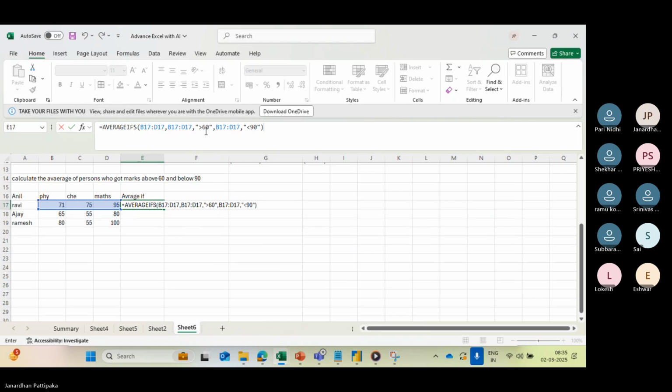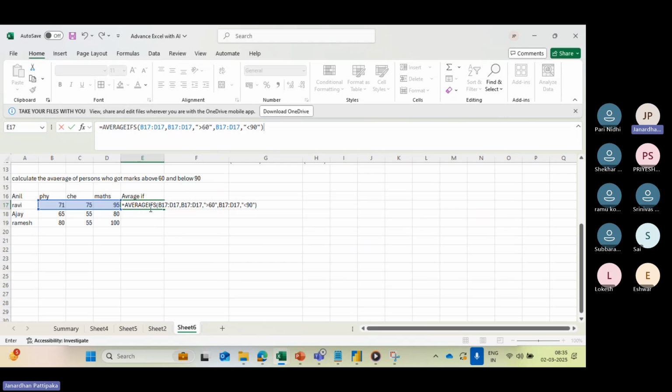So here the requirement is, when you use AVERAGEIFS you can use multiple criteria. My requirement is I want to calculate the average of the persons who got marks above 60 and also below 90. So this is my requirement.